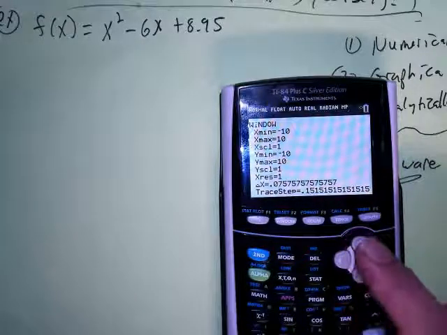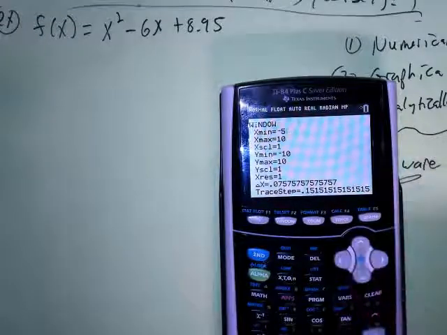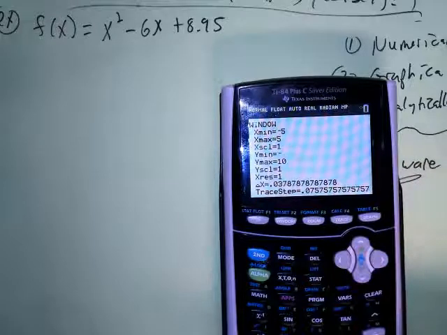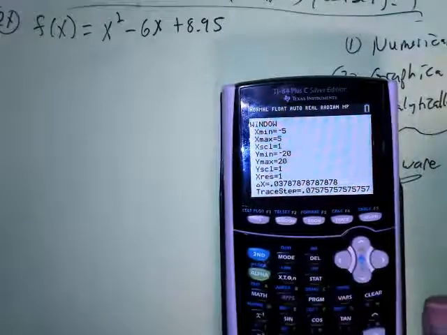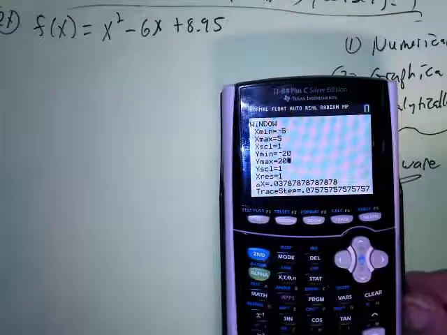So you can change the window. Like if I want it to be -5 to 5 on my x-axis, but then I want it to be, let's say, negative 20 to 20 on my y-axis, right? Like that.